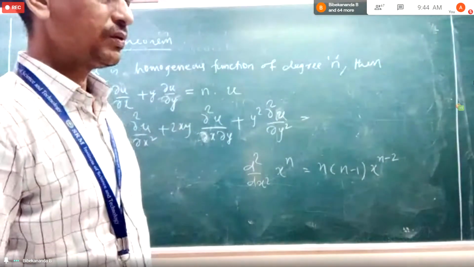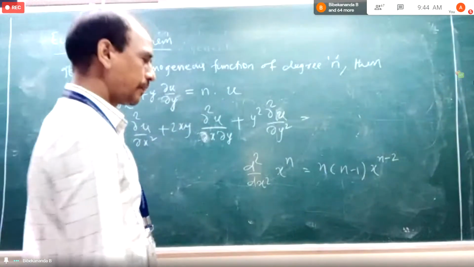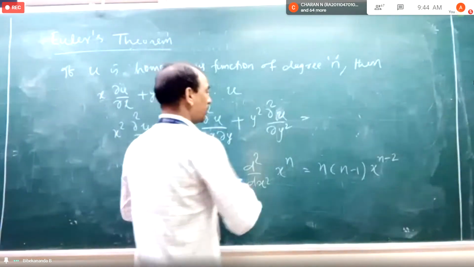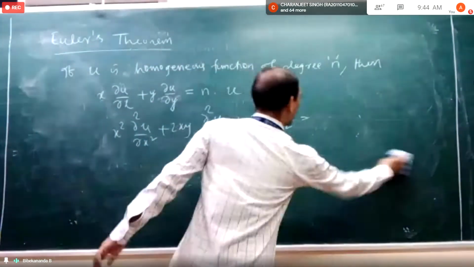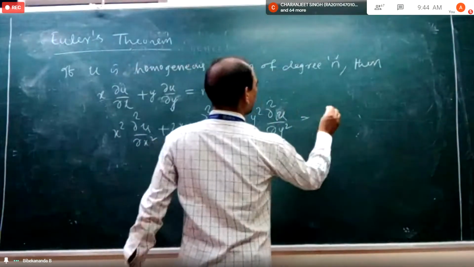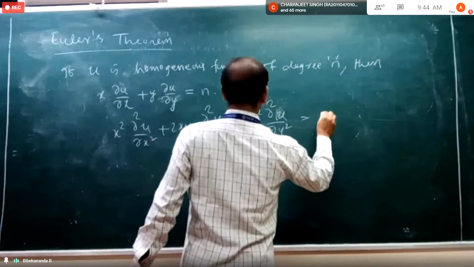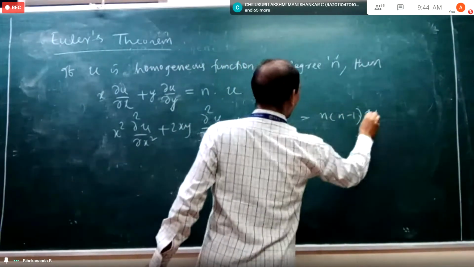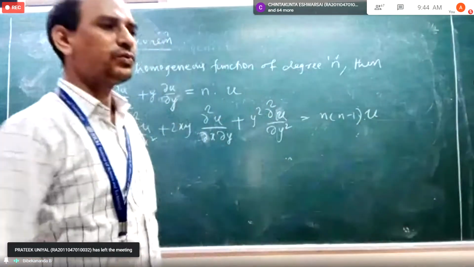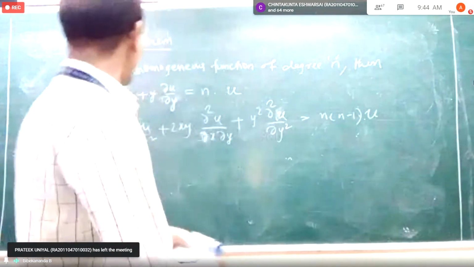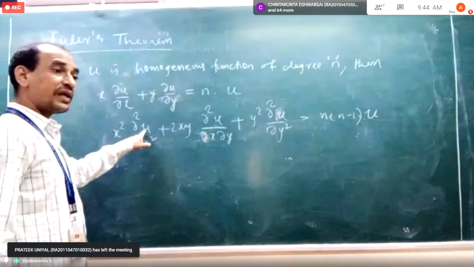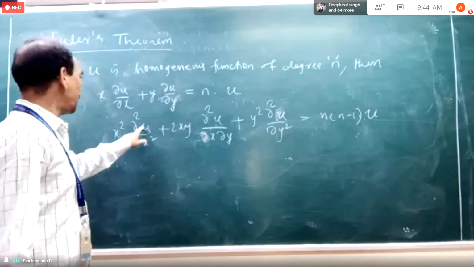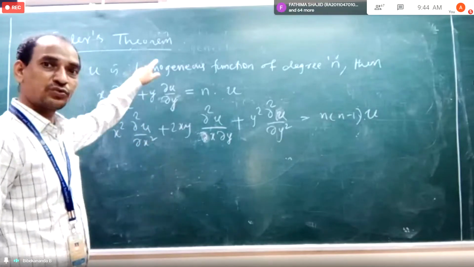Yes, sir. Okay. So this thing we will take here. So that will be nothing but n into n minus 1 into u, because we are taking the second order derivative of the function u. So if it is a function of x, n minus 2 will be there.